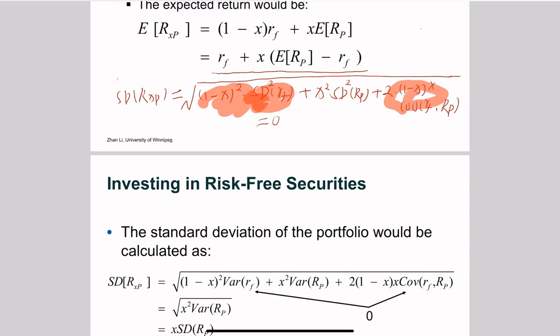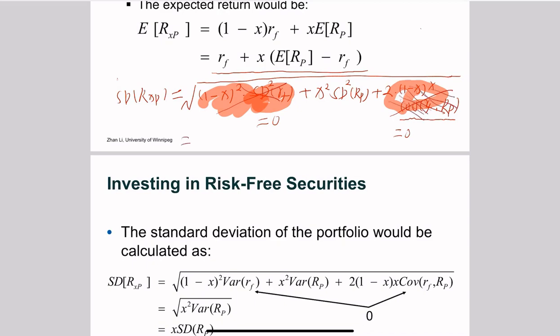Why? Because the covariance between the risk-free rate and the all-stock portfolio return has to be 0. Again, the risk-free rate is a number, and the covariance between a number and a random variable is always 0. So in this case, we can cross out these two terms.